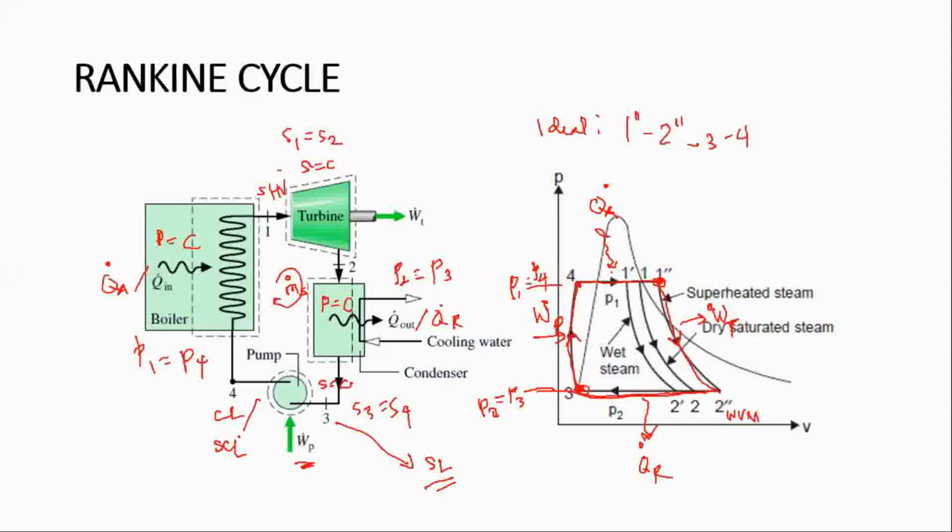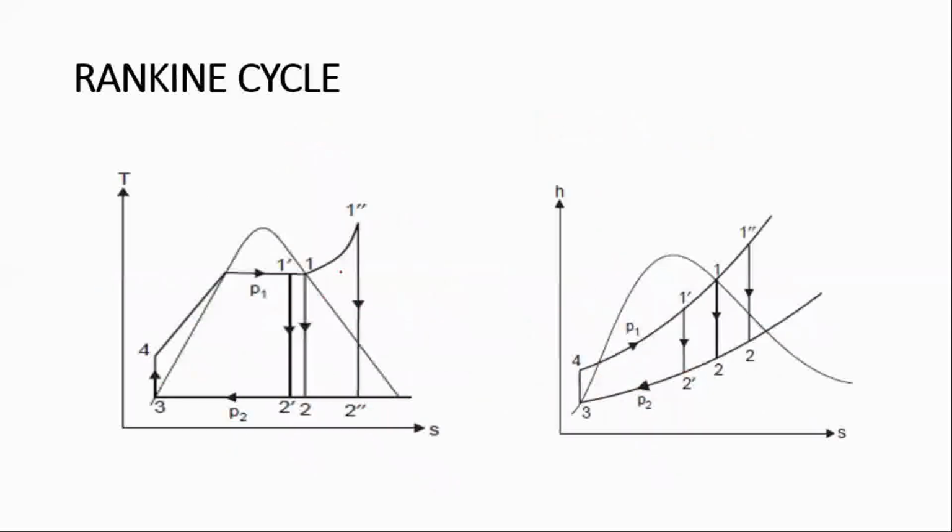Now, kung ipa-plot naman natin sa TS diagram, which is ito yung lagi natin nagagamit sa klase. So, ito yung ating pressure line. Di ba? Ito, yan. Again, yung ideal natin dyan is 1 double prime, 2 double prime, 3, 4. Etong 1, dry yan. Bakit?